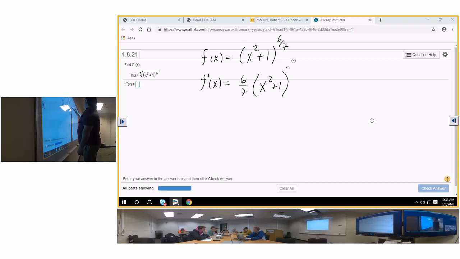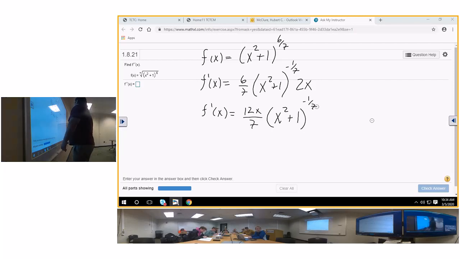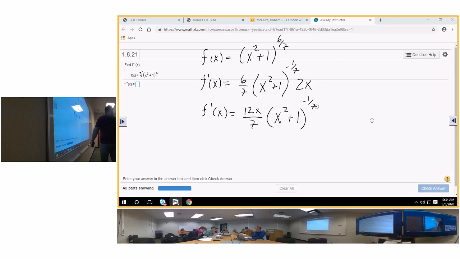Negative 1/7, right? Yep. Times 2x. Hopefully I didn't mess that one up. So f prime of x is equal to 12x over 7 times x squared plus 1 to the negative 1/7. Y'all check me to make sure I hadn't made a mistake.